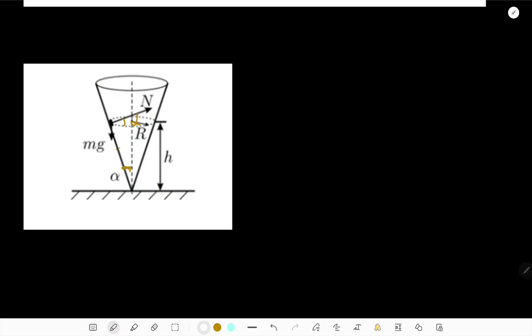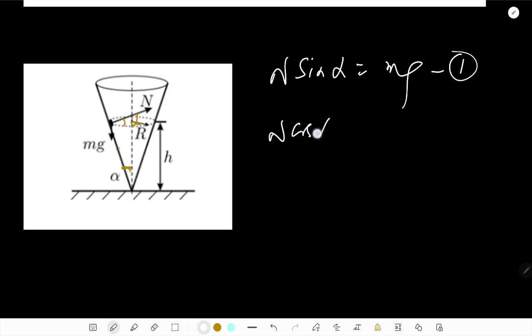N sin alpha has been left with one single job, that you have to balance the force of gravity. So I am going to write down n sin alpha is equal to mg, and this is our equation 1. And let's see what the n cos alpha is doing. It is providing the necessary centripetal acceleration. So I am going to write down n cos alpha is equal to mv square by r.